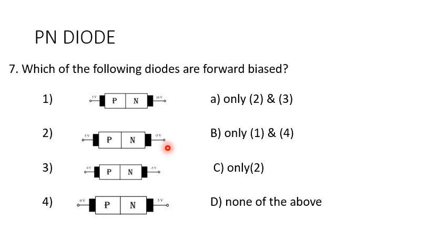Now the third one, P is 0 and N is minus 5 volt, and the fourth one, P is 0 and N is plus 5 volt. Now you just tell me the answer. What will be the answer? You might have guessed by this time.